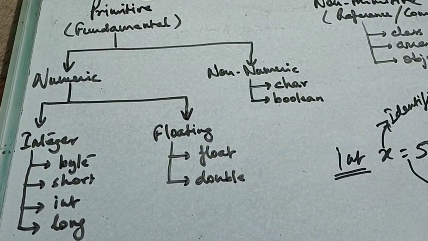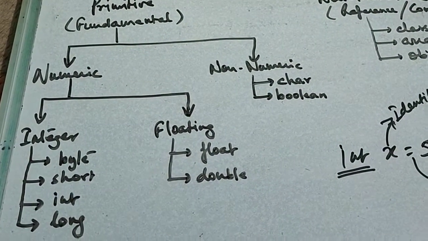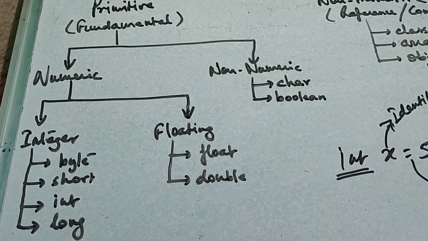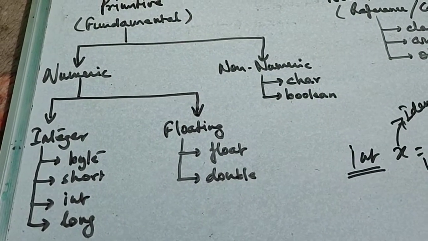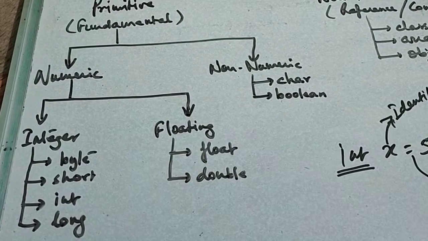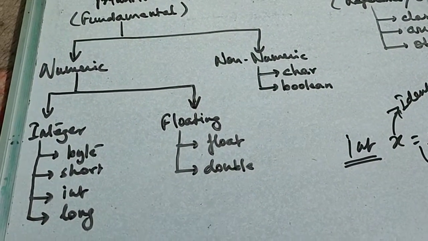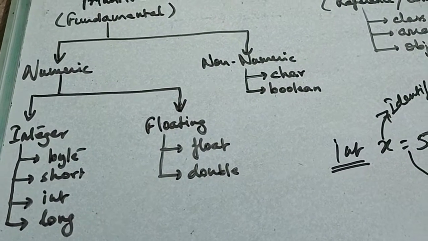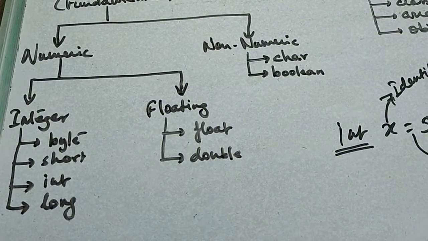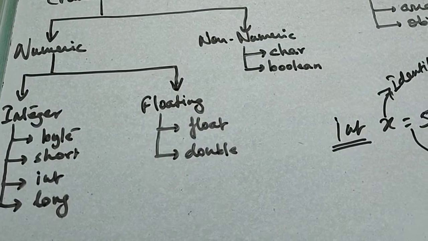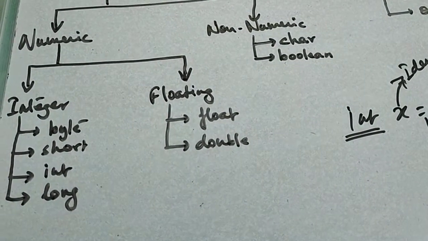Numeric is further classified into two parts, that is integer, which represents whole numbers, and floating, which represents fractional numbers or real numbers, like for example 0.4, 4.3, 5.0. These are all examples of floating literals.